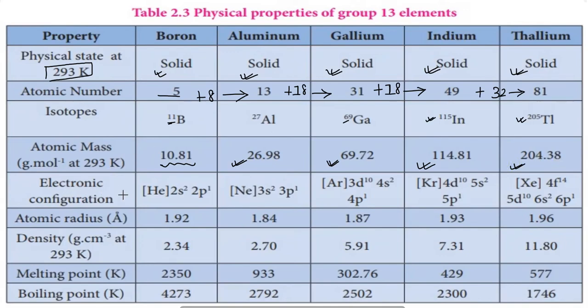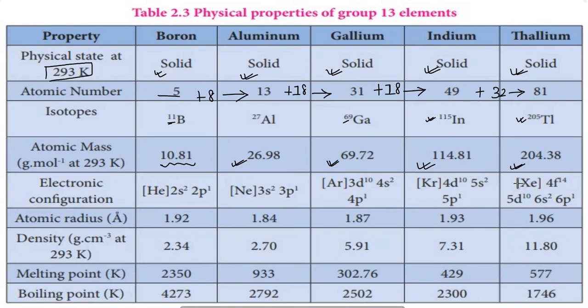Next, electronic configuration. For boron it will be helium 2s2 2p1. For aluminium it will be neon 3s2 3p1. For gallium it will be argon 3d10 4s2 4p1. For indium it will be krypton 4d10 5s2 5p1.